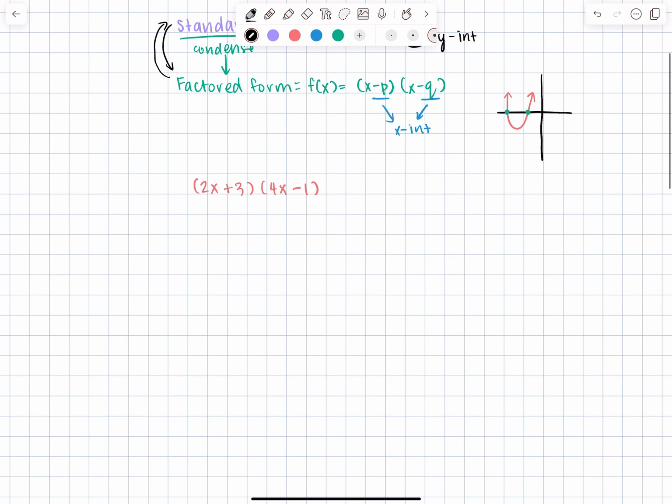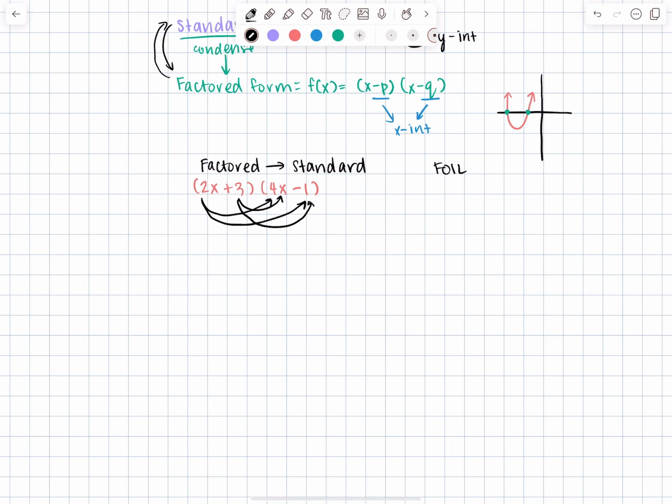From factored to standard, all we have to do is use our FOIL method, which is first, outside, and inside, or we could use our box method, which is much more organized. Right now I'm going to use the box method.